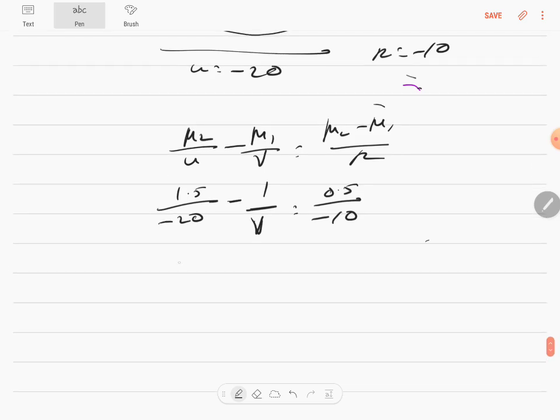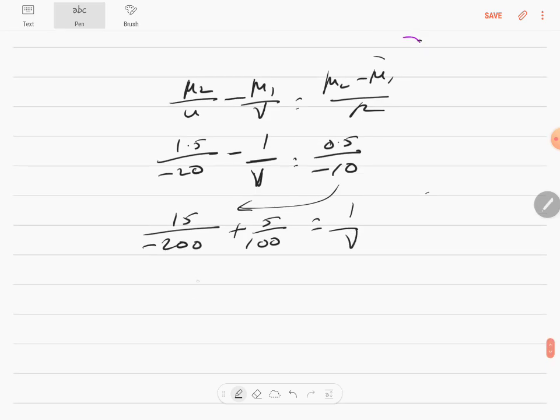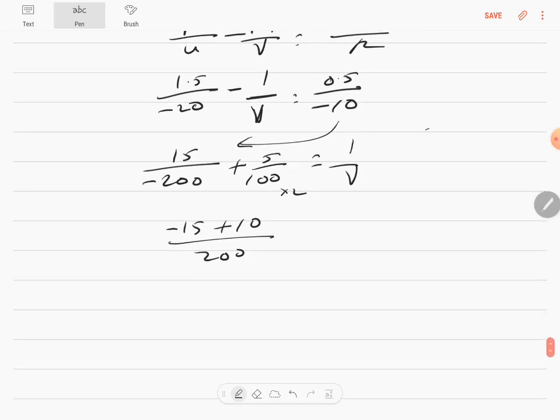Are you clear? So then it's 15 by minus 200. This comes that side, it will be plus 5 by 100 is equal to 1 by v. So then this will be 200, into 2. So it's minus 15 plus 10, which is minus 5 by 200 is 1 by v.